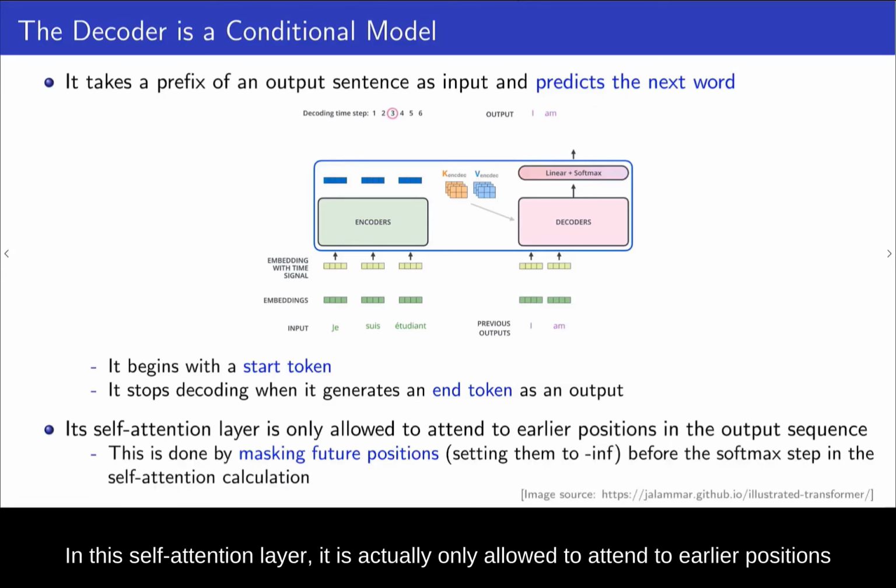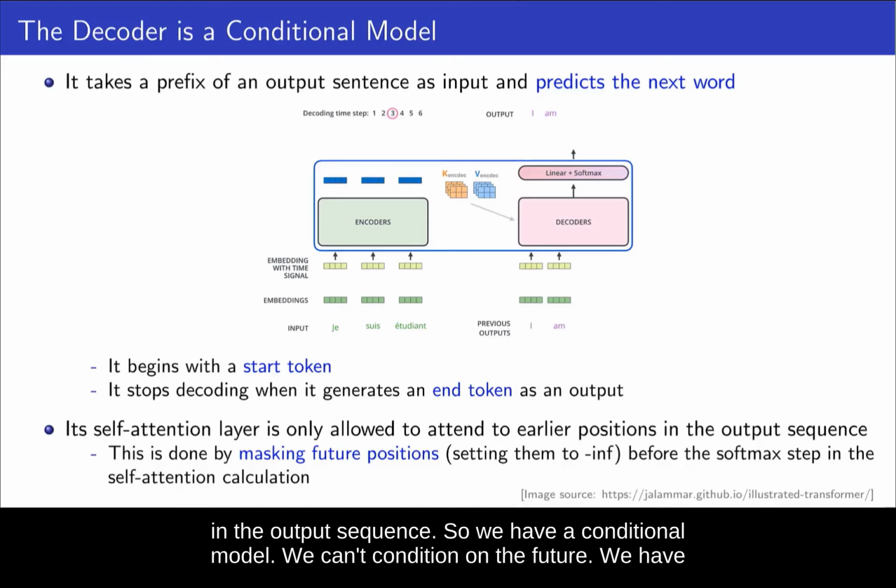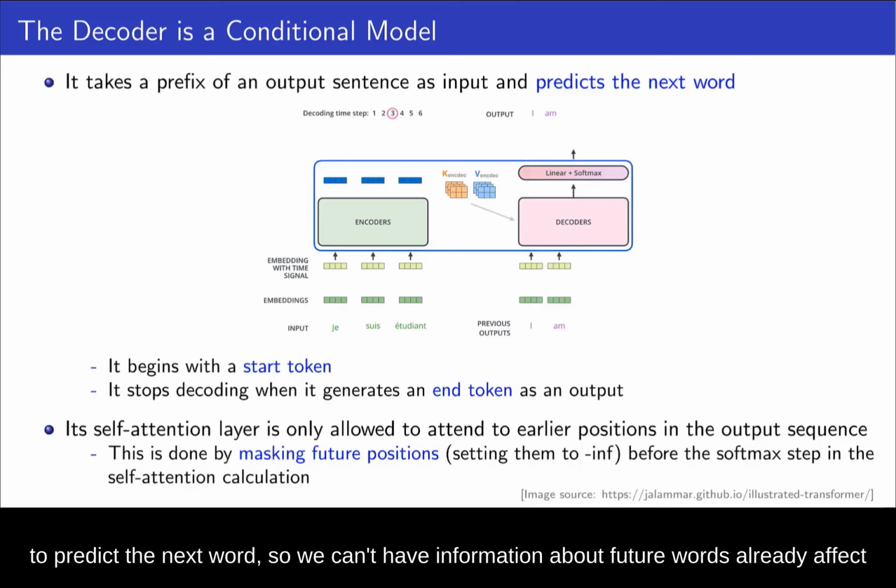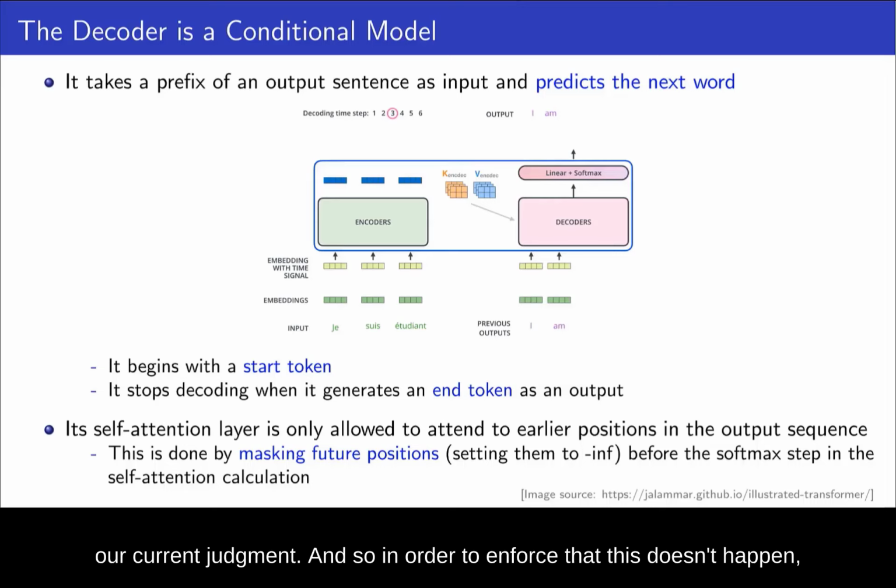In this self-attention layer, it is actually only allowed to attend to earlier positions in the output sequence. So we have a conditional model. We can't condition on the future. We have to predict the next word. So we can't have information about future words already affect our current judgment.